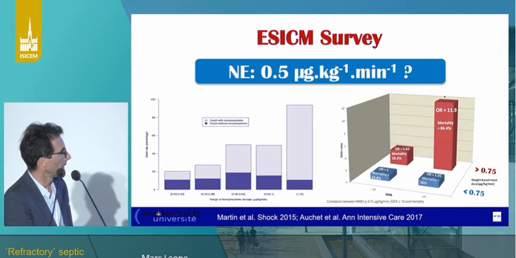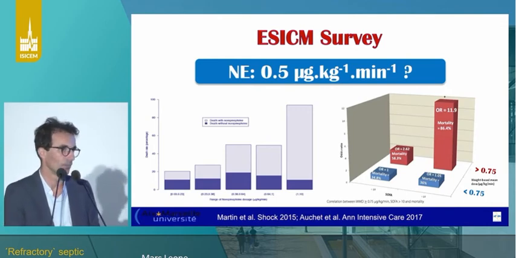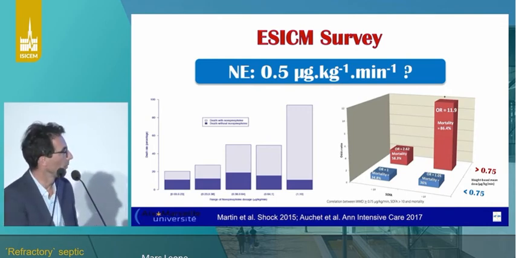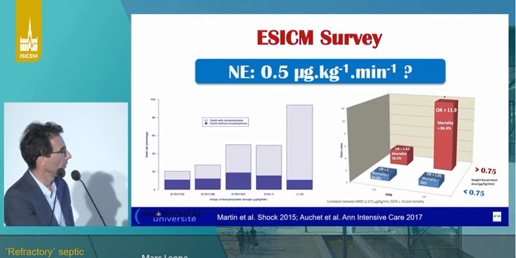You can see on this axis the percentage of deaths, and here the dosage of norepinephrine. At 0.5, you have a mortality rate around 50%, which is quite high. If you go up to 1 microgram per kilogram per minute, you have a mortality around 80%.